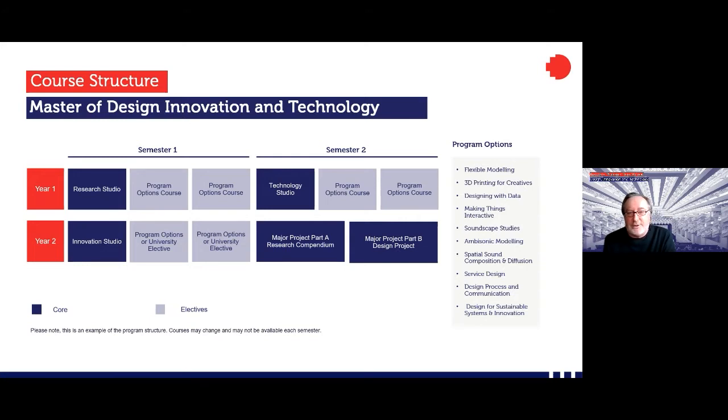So the structure basically throughout the first 3 semesters is similar. You do research studio, technology studio, innovation studio, but once again, they open you up to the range of studios that get offered each semester, and then you're choosing program options that connect with the things that you're interested in and the studios that you're doing. In the 3rd semester, but really in any semester, you can choose program options and university electives.